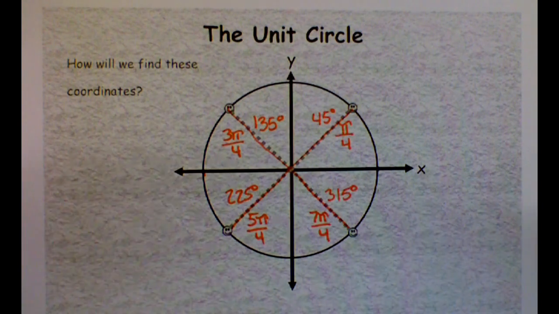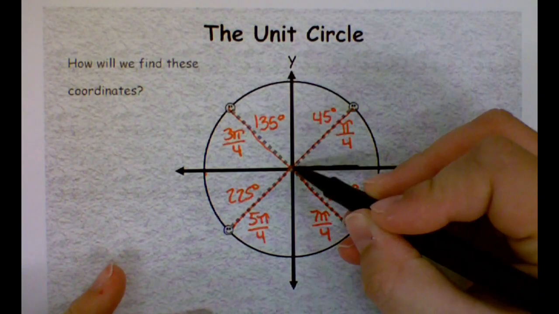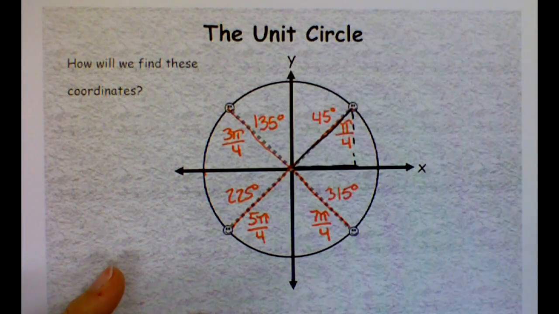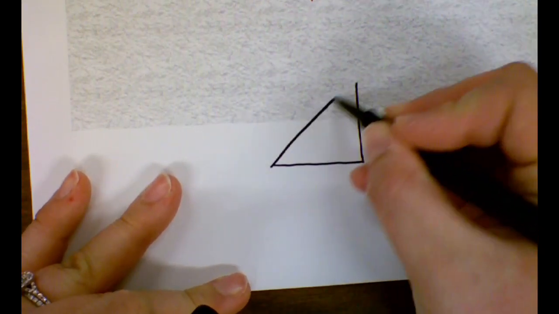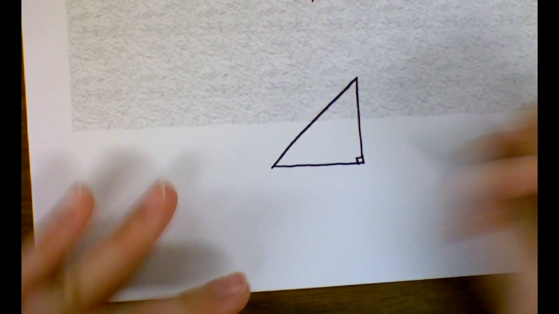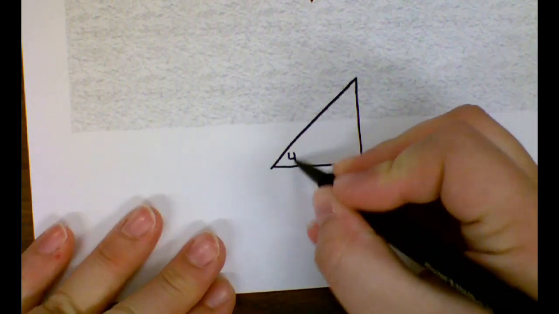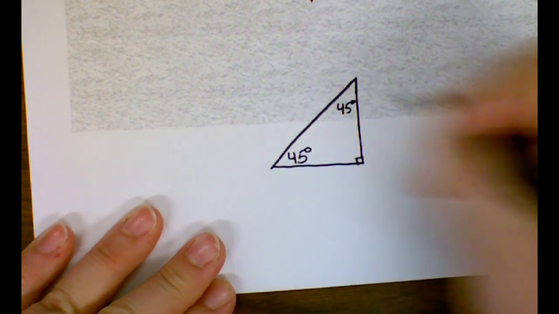Now we need to find the coordinates. And to find the coordinates, we need to imagine our angle here. We're going to drop straight down and make a triangle. So let's draw that triangle separately down here. We draw it so that there's a 90-degree angle. What do we know about this triangle? Well, we know this angle is 45 degrees, which means this one must also be 45 degrees.